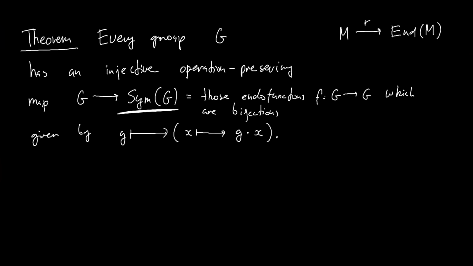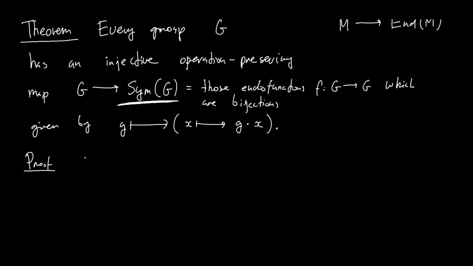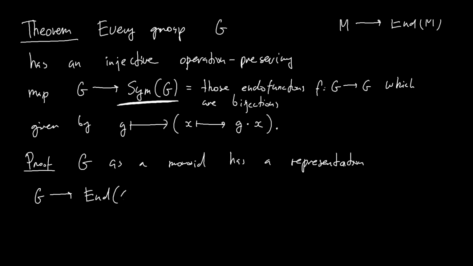The theorem is actually a consequence of the same fact for monoids. You start with G as your monoid, and then we know that, so maybe it's worth writing out, G as a monoid has a representation going from G to endofunctions on G, right?